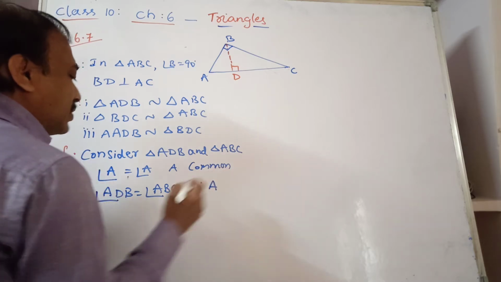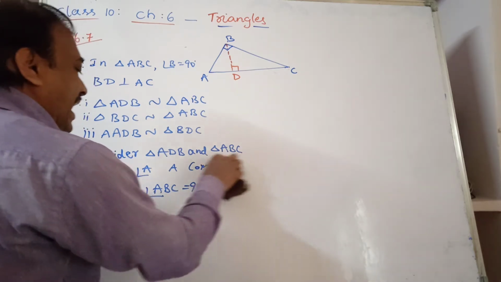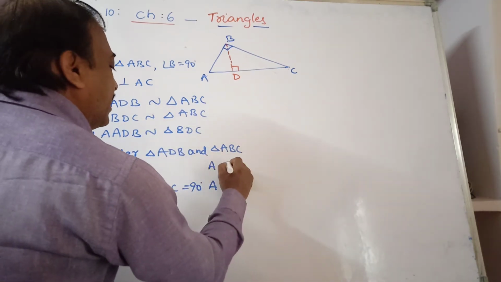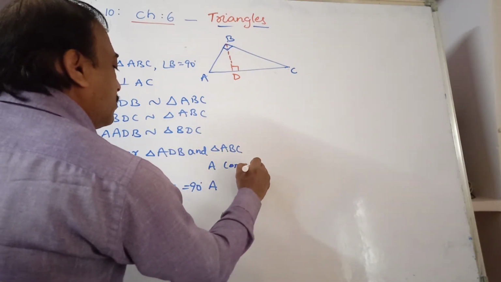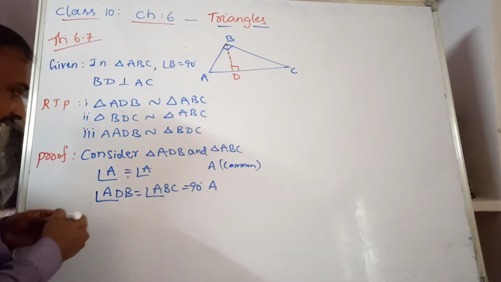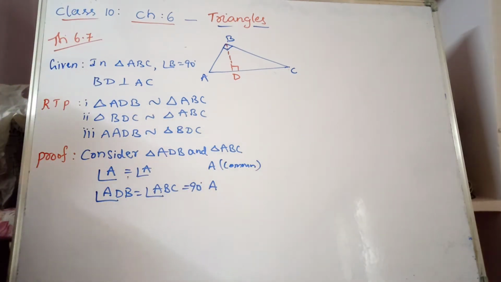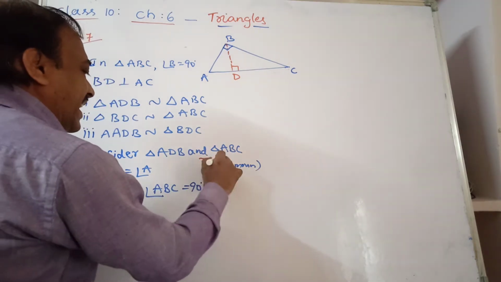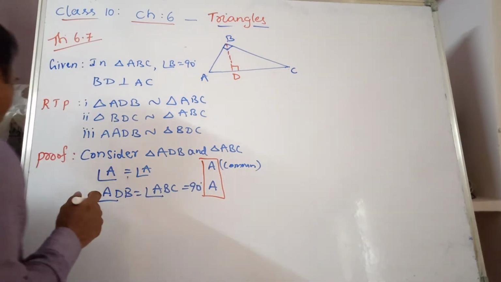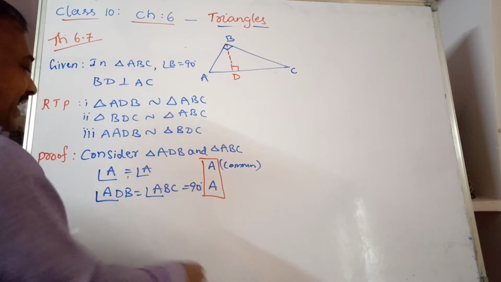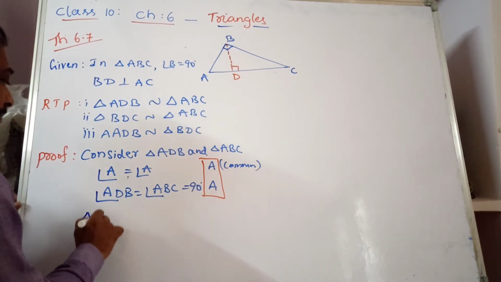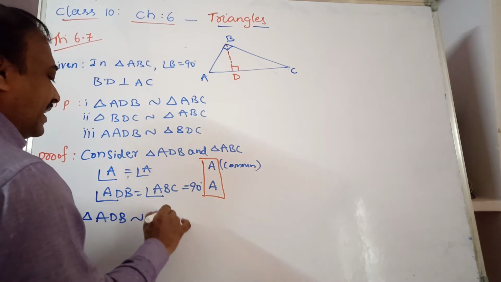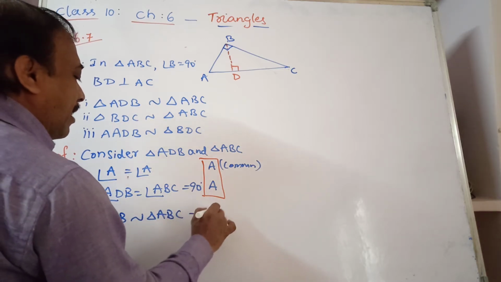So here we got one angle common, and one angle 90 degrees. By the similarity criteria, which criteria can be used here? AA similarity. Triangle ADB is similar to triangle ABC. This is one.